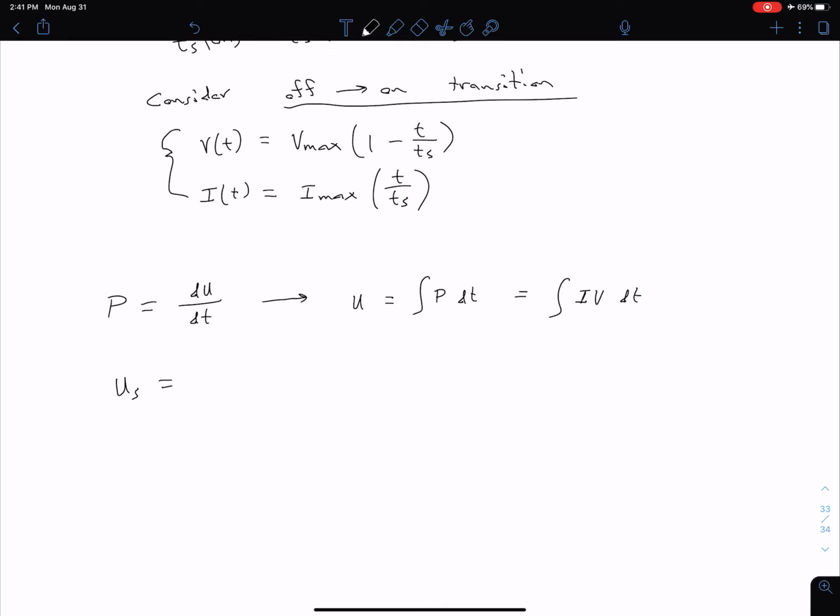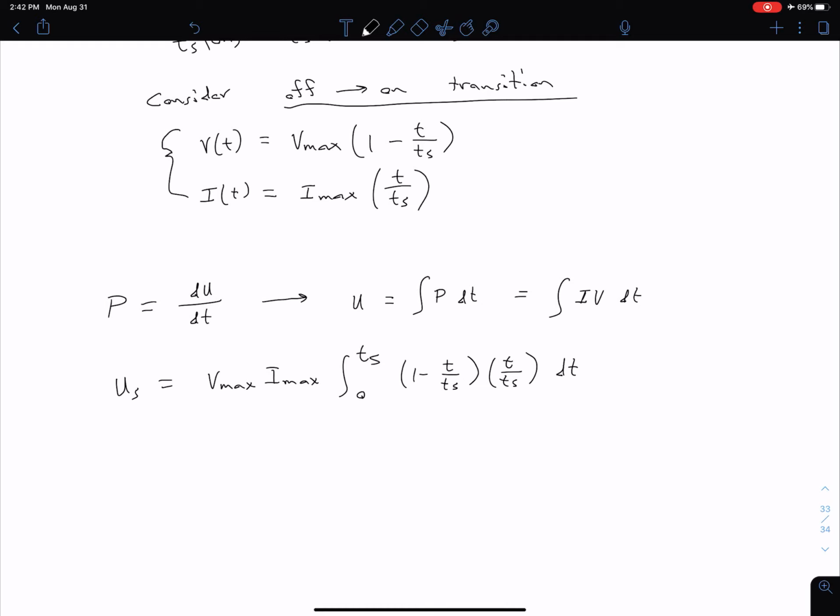So the energy in that switching is V max and I max come out front because those are just constant values. And now we have the integral from 0 to Ts because that's the time frame we're considering. Our voltage was 1 minus t over Ts, and our current was t over Ts, and then we just have our dt.